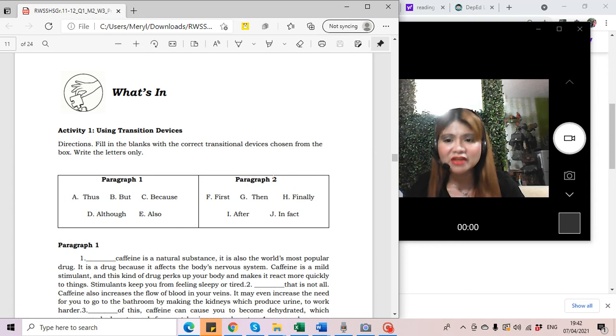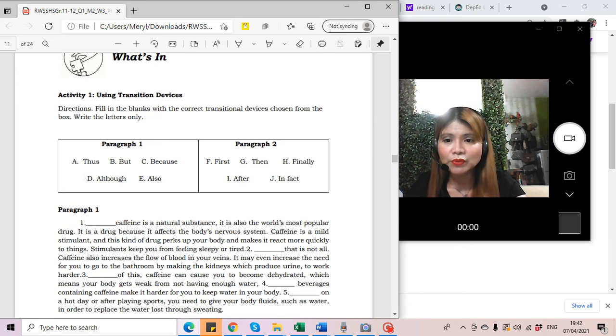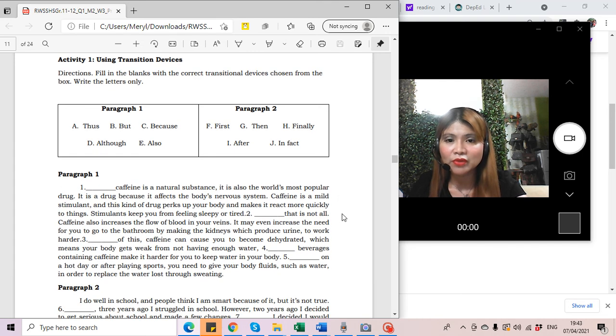Directions: fill in the blanks with the correct transitional devices chosen from the box. Write letters only. You're going to choose your answer for paragraph 1 from the word pool on the left box. And for paragraph 2, you choose the correct answer from the word pool on the right box.